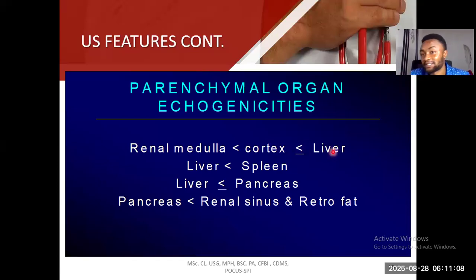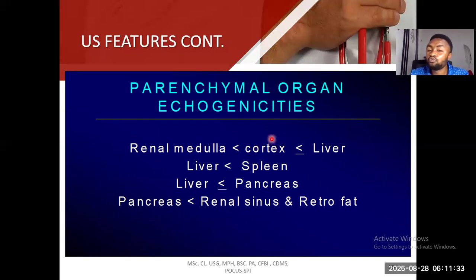That is mathematics. This is simple. If we start from here, the renal medulla echogenicity is less than or equal to the cortex, meaning the cortex is a bit whiter than the renal medulla.